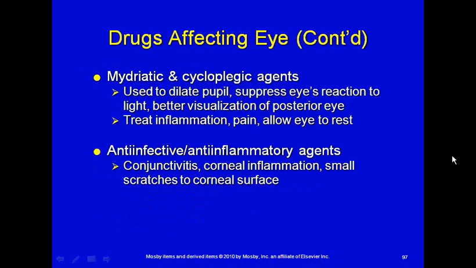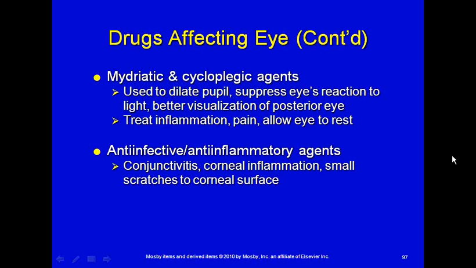Mydriatic and cycloplegic agents. Mydriosis is to dilate the pupil. So a mydriatic drug is going to dilate the pupil and suppress the eye's reaction to light. Pupil dilation occurs naturally when it's not bright outside, and during a stressful situation, during fight or flight, in an effort to bring more light in so you can see clearer.